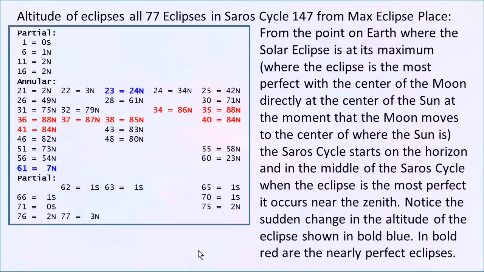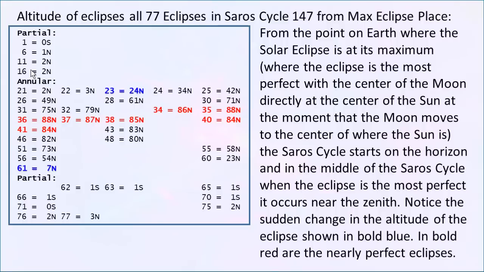Total eclipse just means that the moon moved in front of the sun, and either it covered the entire sun, total, or there's a ring. But at this 21st eclipse, for example, and the 22nd eclipse, there is a ring around the moon, but the ring is not perfectly the same size. It's like a ring where part of it's slightly thinner.